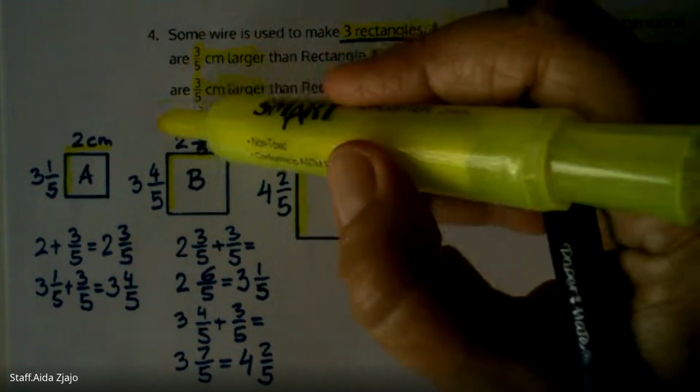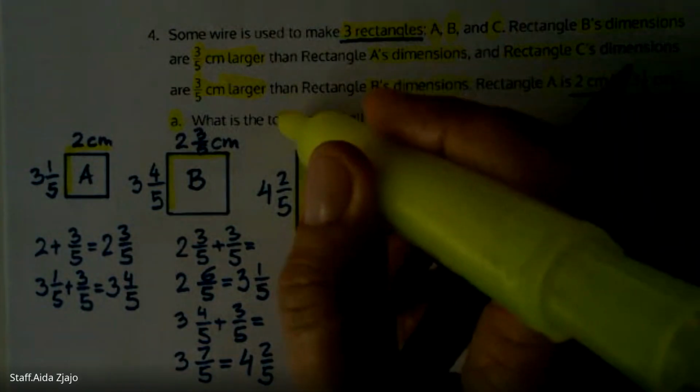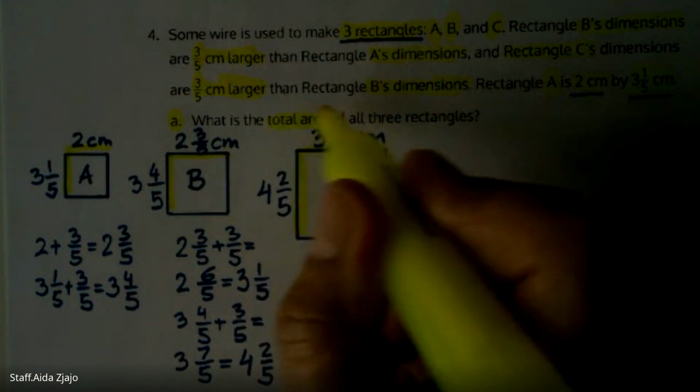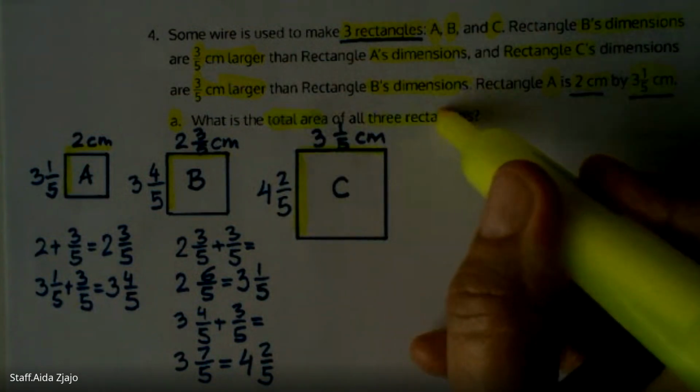So now I know the measurements. This asks what is the total area of the 3 rectangles. So I need to find the area of each rectangle, and then add them together for all 3.